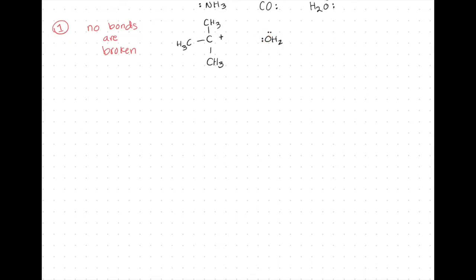And here, this water molecule, if you notice, is going to act as a Lewis base, because as you can see, it has these electron pairs and it's going to attack this C that is positively charged. So if I were to draw the arrow, it would go from these electron pairs to the central C. And as you can see, there are no bonds being broken.